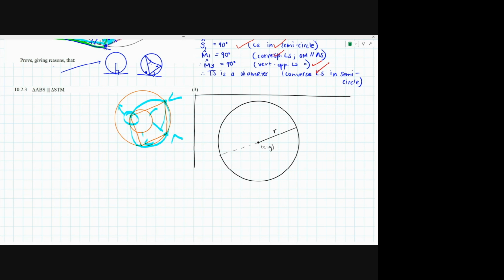So was the only information you had the equation of your circle and the radius? Yes. And they wanted the equation of the diameter? Yes. I assume the diameter was drawn in for you. Yeah. Okay.